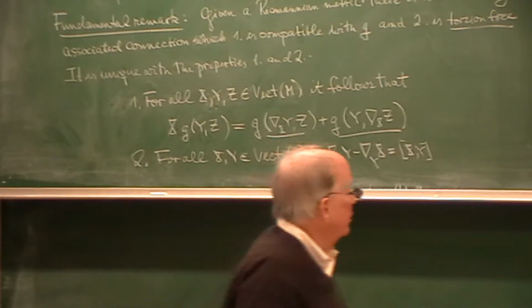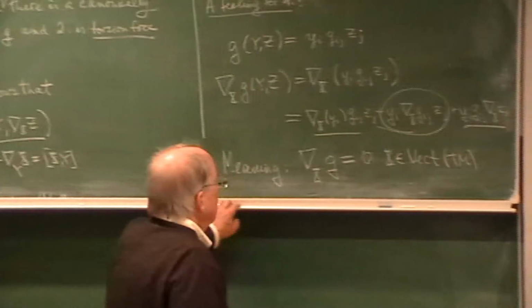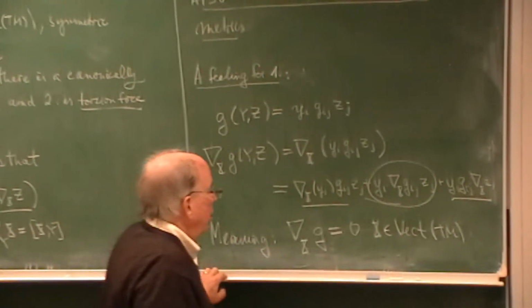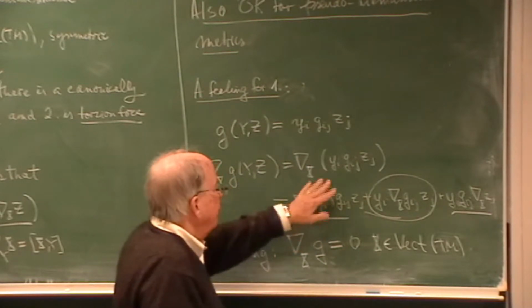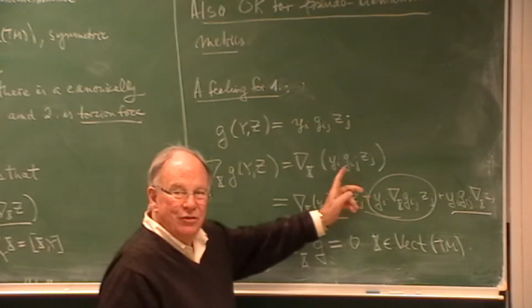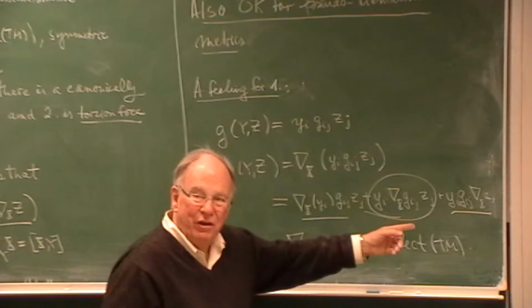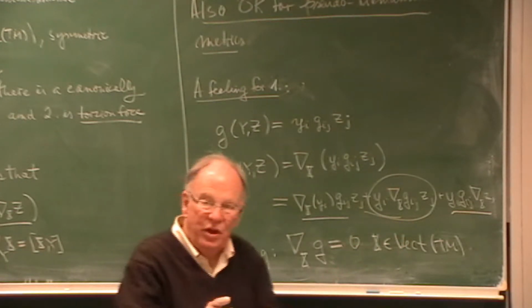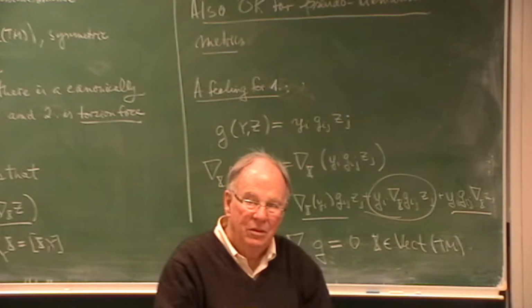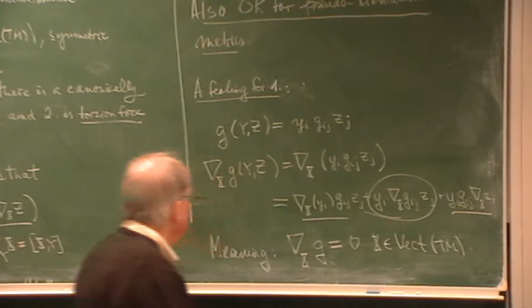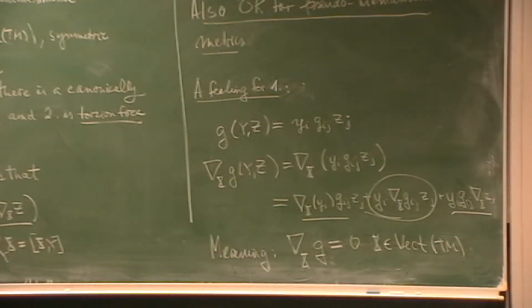This is only figurative. I'm just saying you have 3 things in this expression: the metric and the 2 vector fields. Yes, and there are vector fields on the manifold, right? That's right. Not on the tangent space of the manifold, but the vector fields on the manifold.